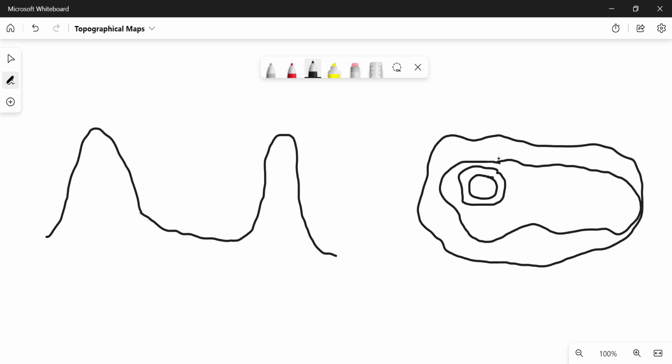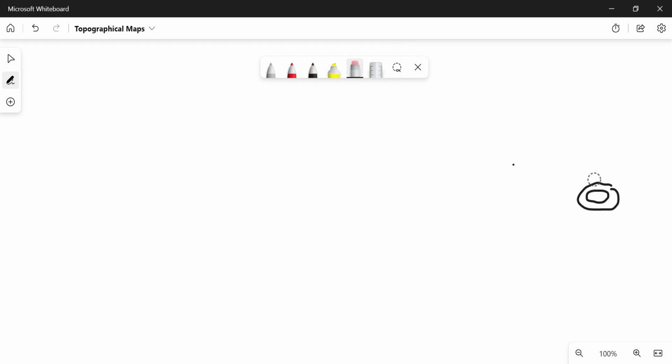This is for the second mountain. The first and the second mountain. So it falls from here, right? So it's very steep. This is the first mountain, this is the second mountain. So this is how to draw a saddle.